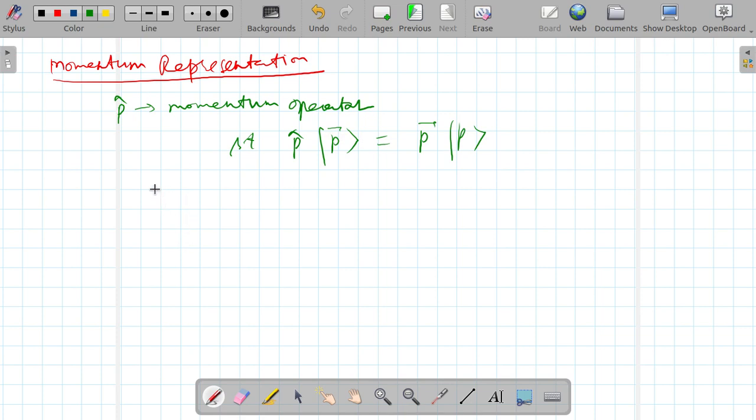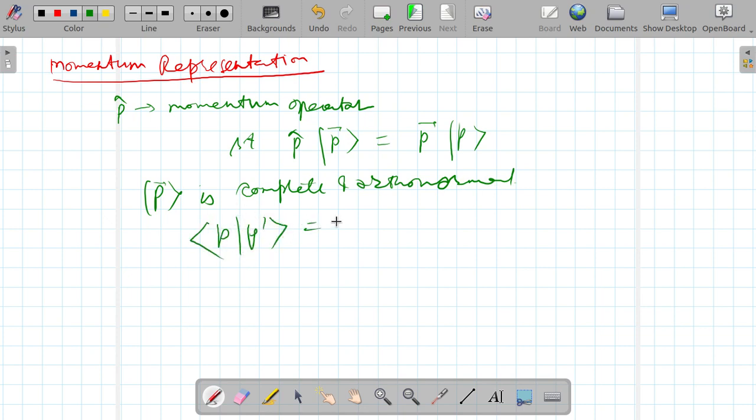And similarly, this ket P is complete and orthonormal. That is, bra P ket P prime is equal to delta of P minus P prime, and the integral of d cube p ket p bra p is equal to the identity matrix.